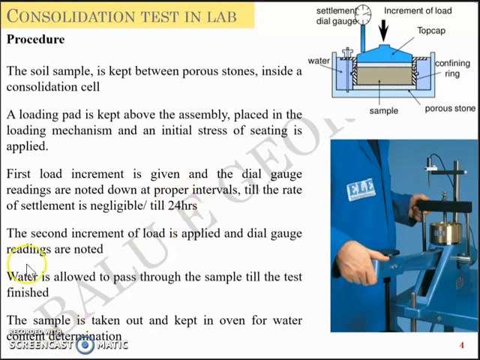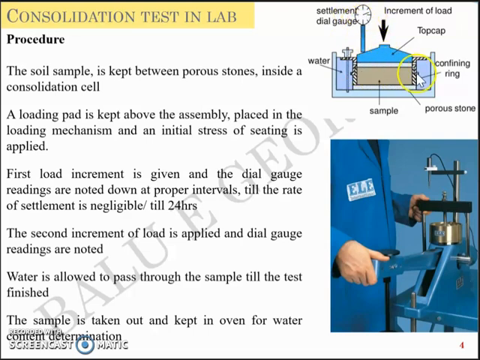So essentially what you do is you squeeze the soil sample using a static load, and you allow water to escape out. As water escapes out, the soil particles get compressed together, which means the void spaces get reduced, and there will be a reduction in the total volume of this layer. This reduction in volume is represented in the reduction in height from the settlement gauge or the dial gauge.